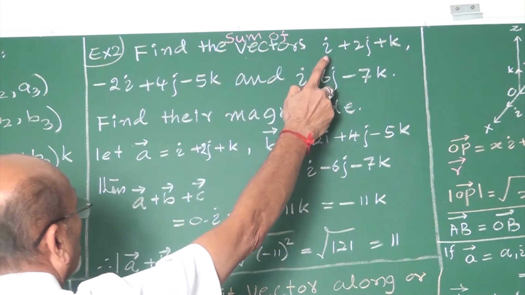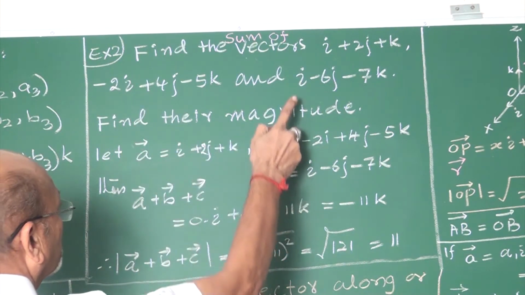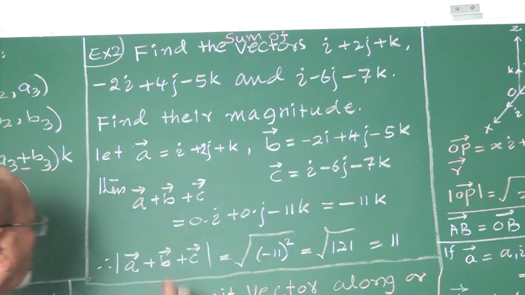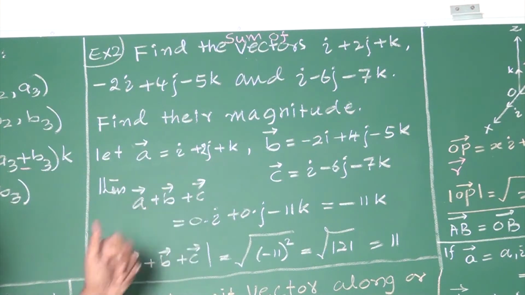Denote them: take the first vector by a, second vector by b, third vector by c. You wanted, my friends, the sum, then a plus b plus c. Add what, my friends?